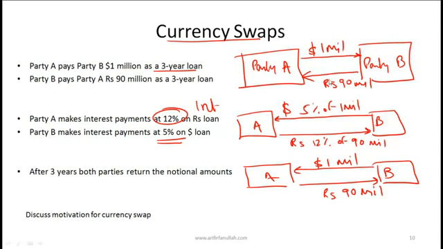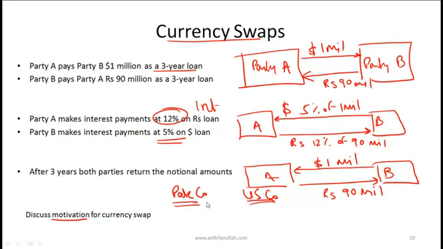Now, before I talk about the other types of currency swaps, let me very briefly discuss the motivation for a swap. Now, let's look at a very simple case. Let's say that Party A and Party B are two companies. So let's, for simplicity, say that we have one company called PACCO, which is a Pakistani company, and we have a US company called USCO.